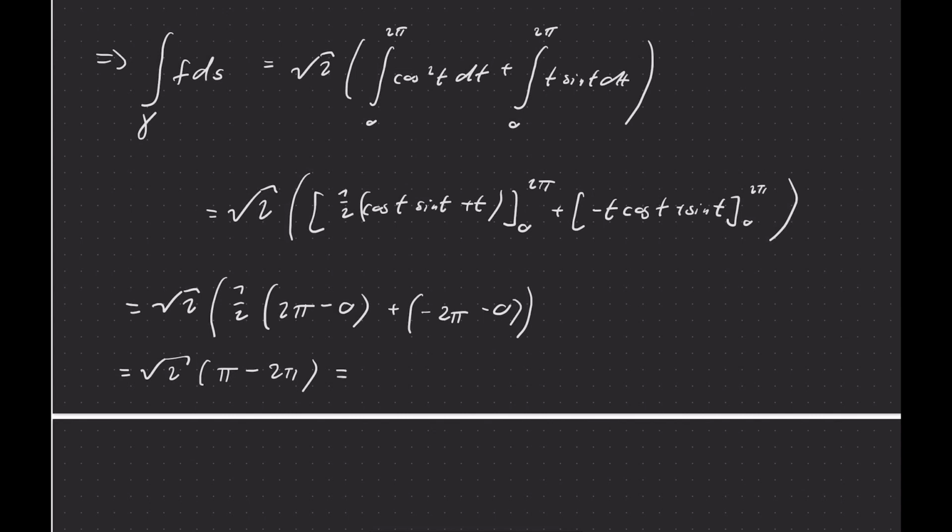And we are left with minus pi square root of 2. Okay, so this is the result of our integration, and this completes our example of computing a line integral. I'll see you in the next videos.